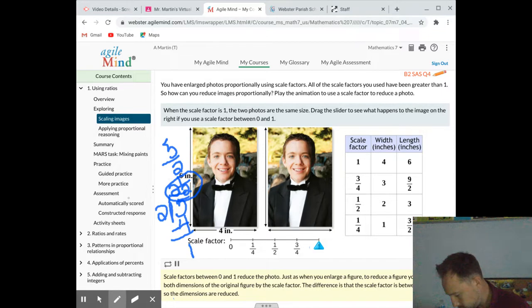He plans to print copies of the photo in different sizes. For one of the copies, Nadeem enlarges the dimensions of the original photo by a factor of 3. What are the dimensions of the enlarged photo? Okay, so what do you think we're going to have to do? I think we have to multiply 5 and 8 by 3. Okay. Does anyone agree or disagree?